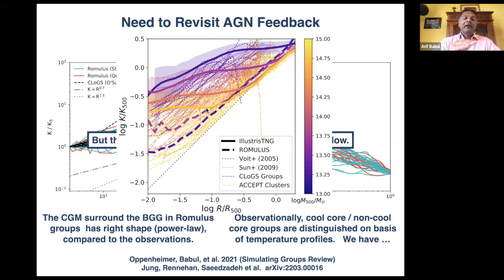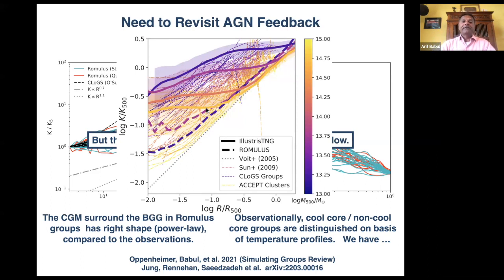In other words, none of the simulations today are actually producing entropy profiles on group scale halos that are anywhere near comparable to observations. You either overheat it and create these very large entropy plateaus, or you have very steep low entropy profiles that are factors of few too low, and therefore suggest much more dense gas than there ought to be.